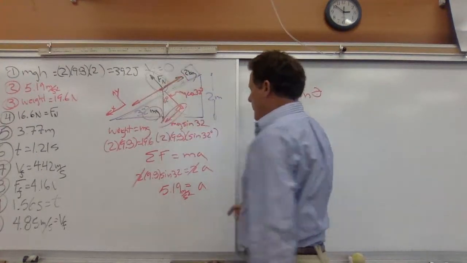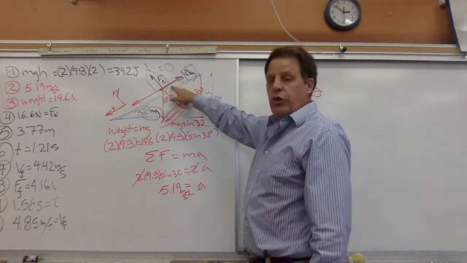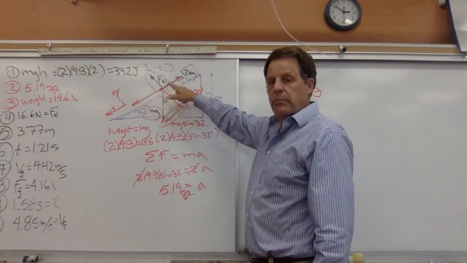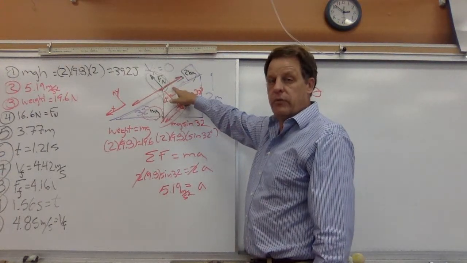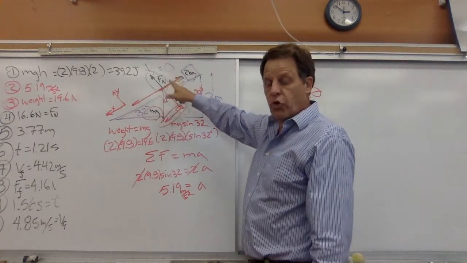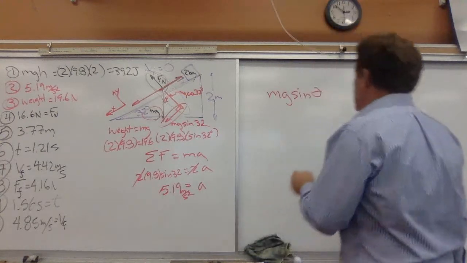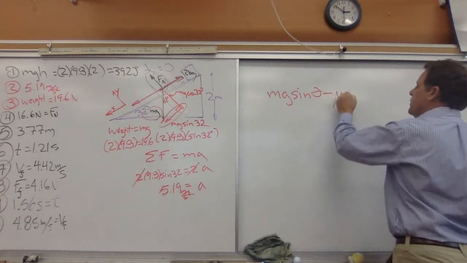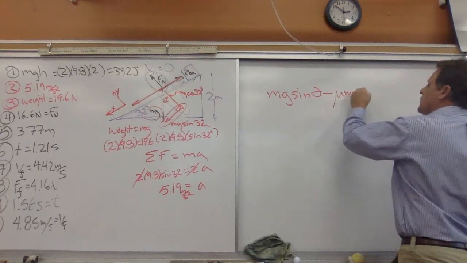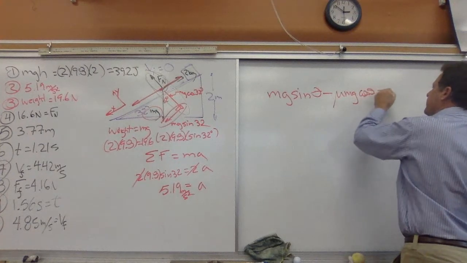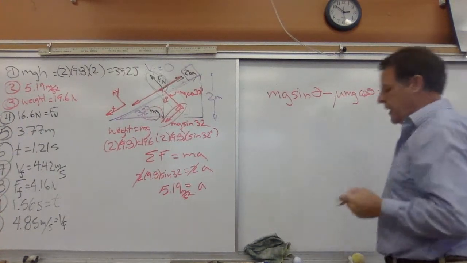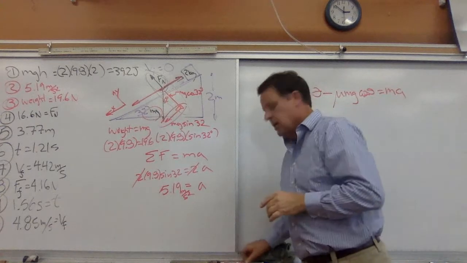And then up the ramp is going to be mu times the normal force, and the normal force was mg cosine theta. So this is down the ramp minus mu mg cosine theta, and that is equal to ma.